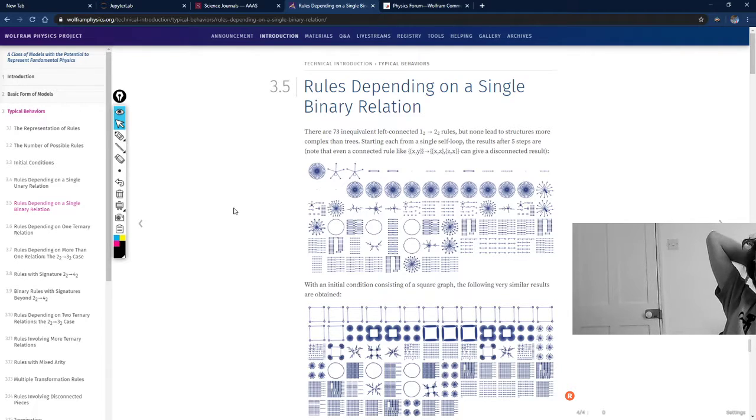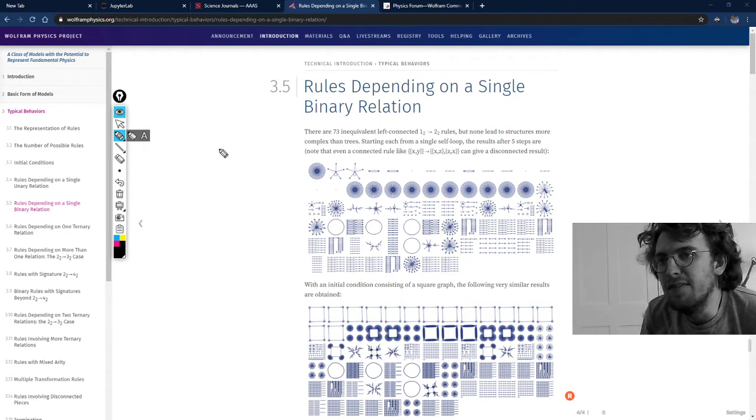"73 1 2 2 2 rules. None give you structures more complex than trees." Oh, the heck? Why? How does this give a disconnected result?